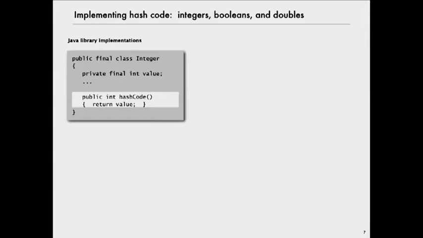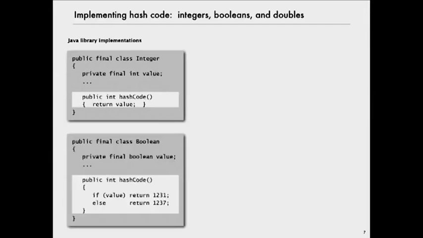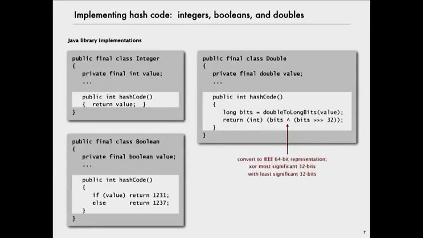If it's an integer, the hash code is supposed to be 32 bits, and the integer is 32 bits, so they just return the value. If it's a Boolean, they pick out a couple of particular values that they return. With Boolean types there are only two different values, so it's hard to think about what you really might want there. For a double value, this is the code.